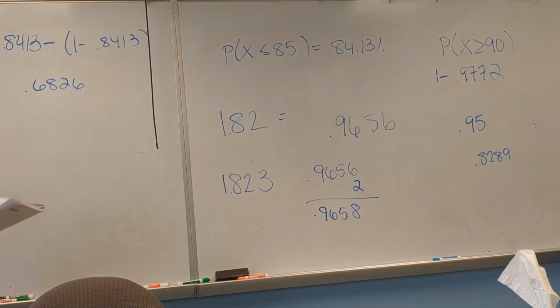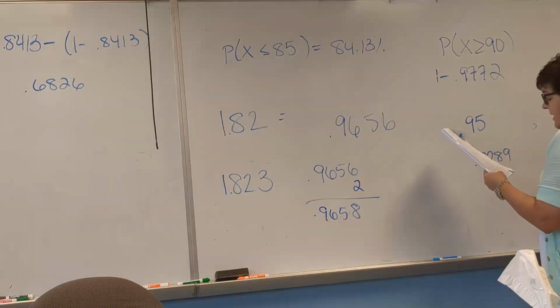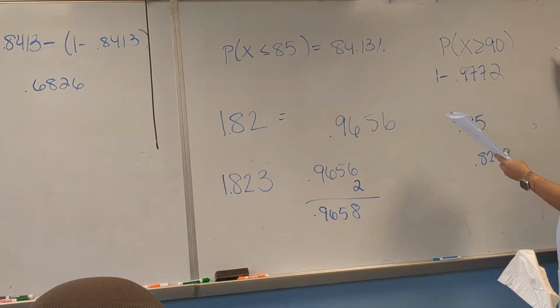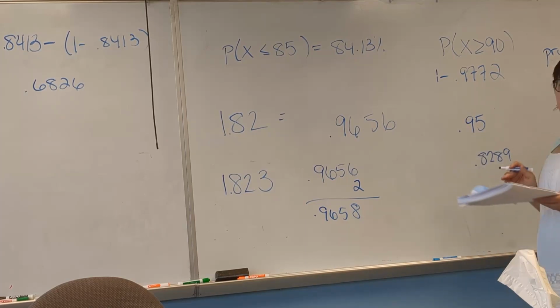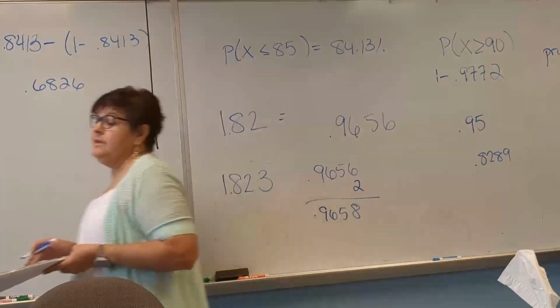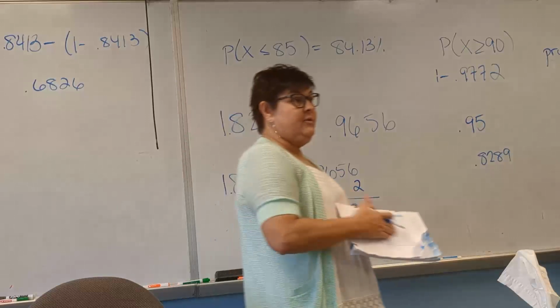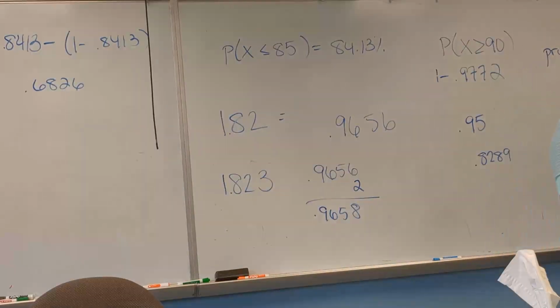What if I told you that your probability is 0.95? That's a little different. I'm not telling you your z-score is 0.95. I want to look at your probability. So you're going to go into the meat of the chart, because remember your 4-digit numbers are your probabilities.